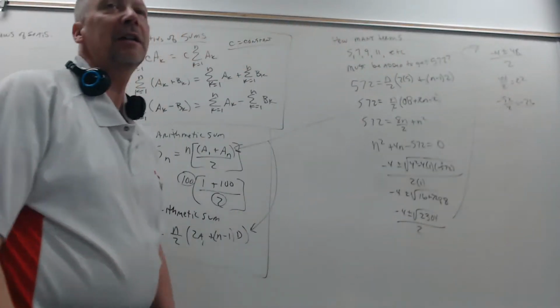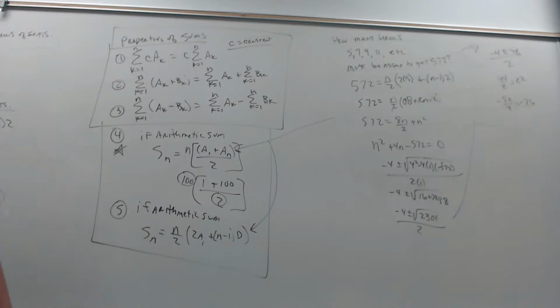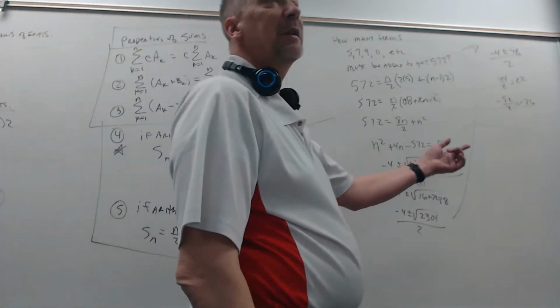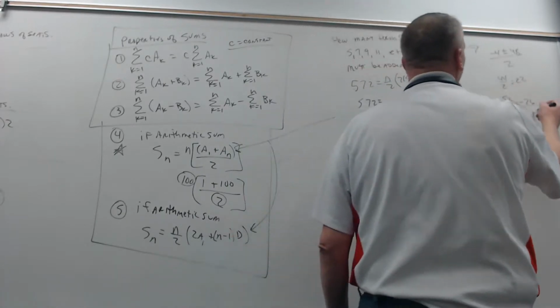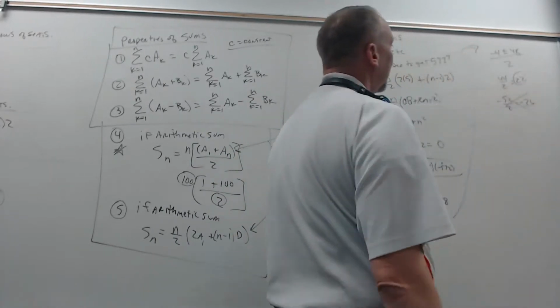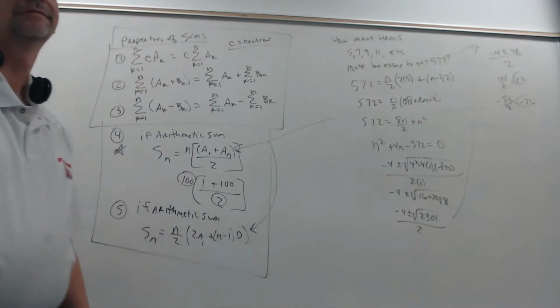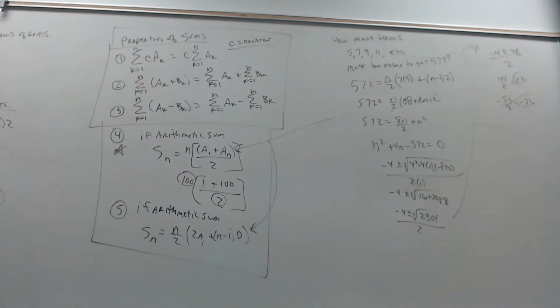Okay, so let's think about this for a minute. Does negative 26 make any sense? No, so I'm going to throw that out. It's got to be the 22 terms, because we're not going to count in the opposite direction, even though Niels wanted to. So it would take you 22 terms to get that.